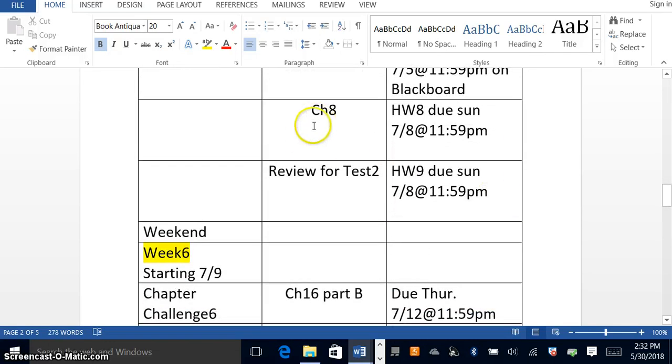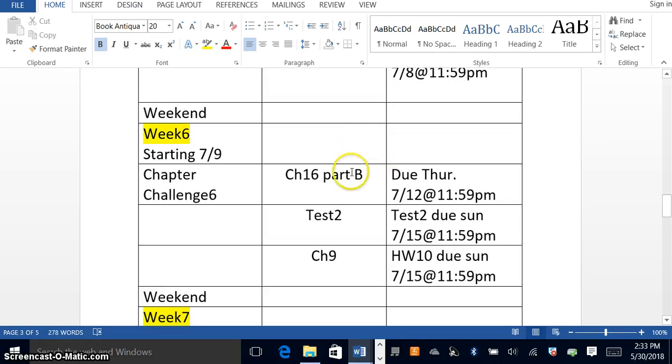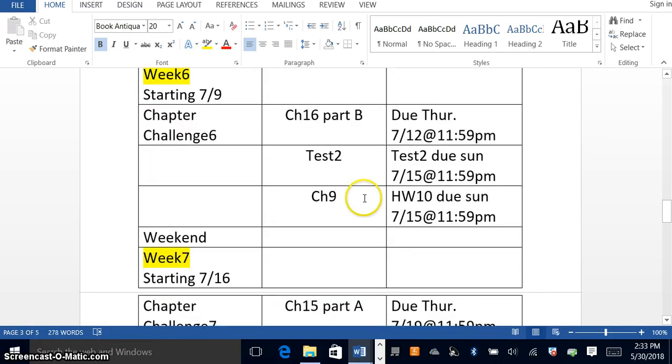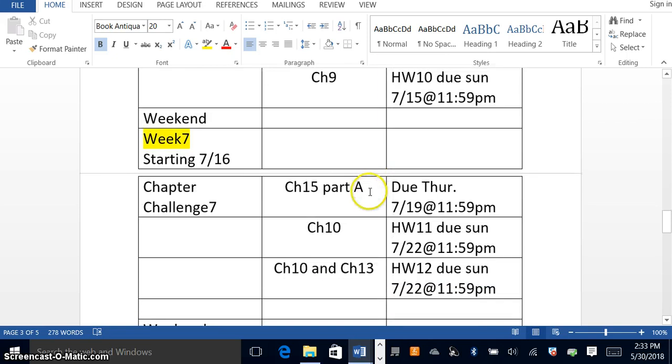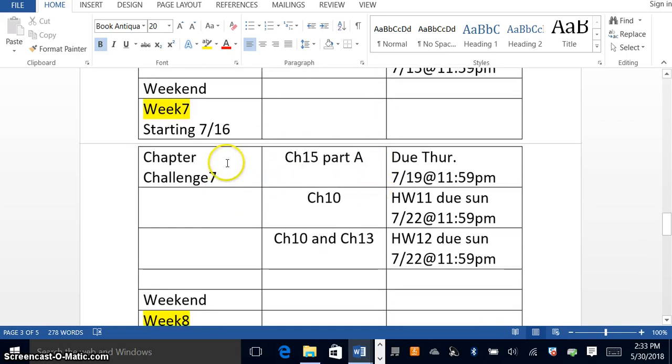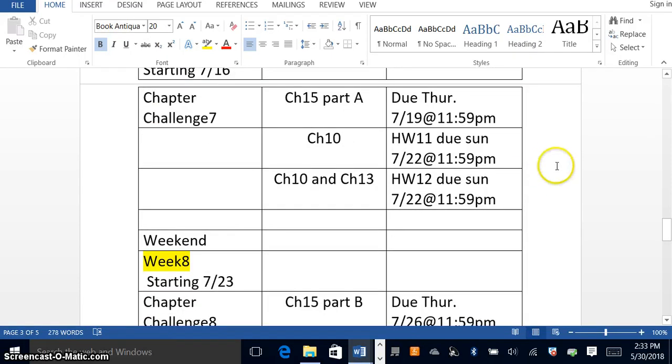After we get done with chapter 8, there's a test 2, which will cover chapters 6, 7, and 8, and then chapters 9, 10, and 13 are part of test 3. So that's all this material, and of course the chapter challenges. Remember, the chapter challenges are not material that's on the tests.